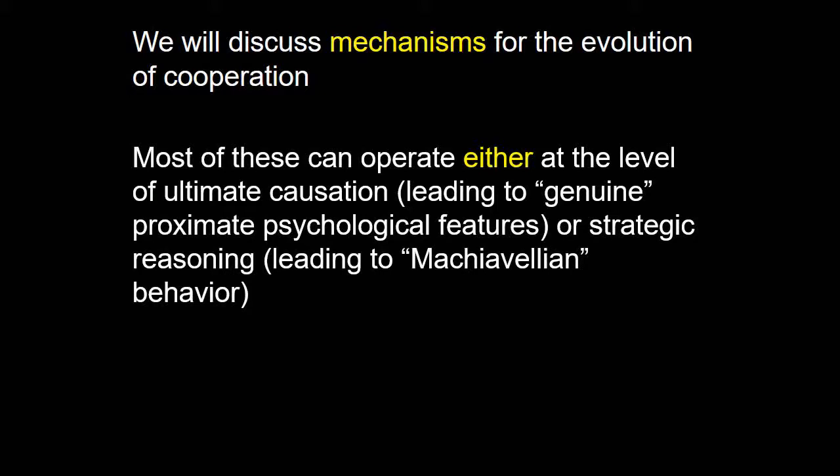Either you can have real ultimate causation, evolution, cultural learning, and so on, or they can work in terms of strategic reasoning. This is evolutionary game theory versus regular game theory. This is the kind of stuff that the evolutionary biologists are thinking about, and the kind of stuff that the economic game theorists are thinking about.